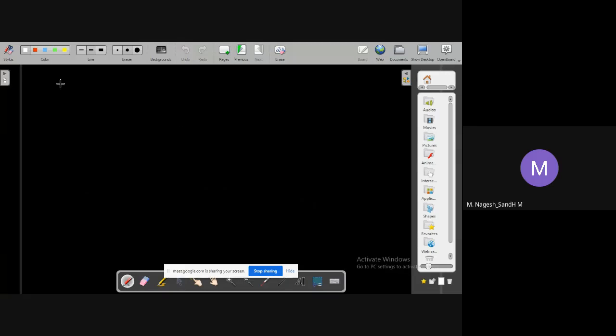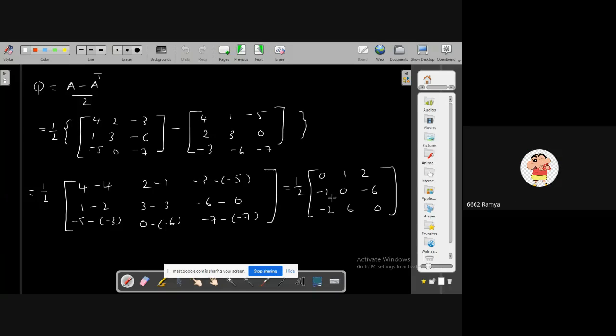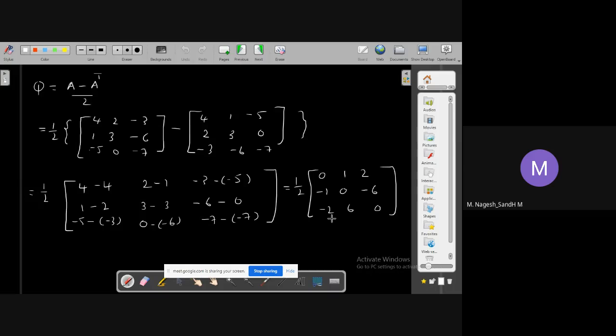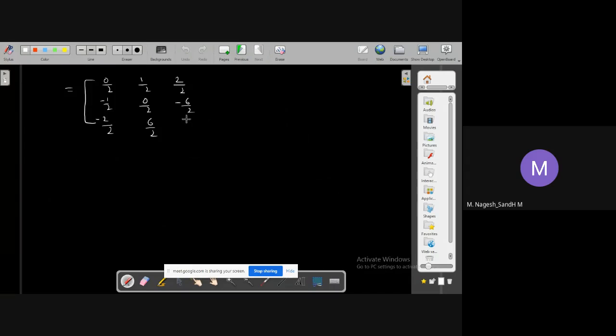It is good. It is equal to 0 by 2, 1 by 2, 2 by 2, minus 1 by 2, 0, minus 6 by 2, minus 2 by 2, 6 by 2, 0 by 2.